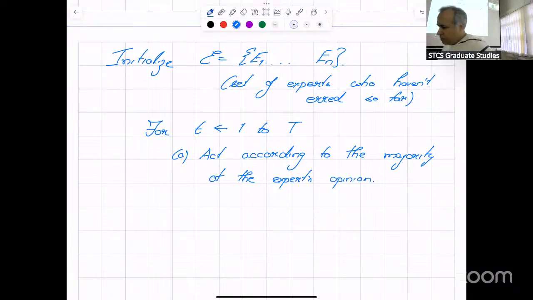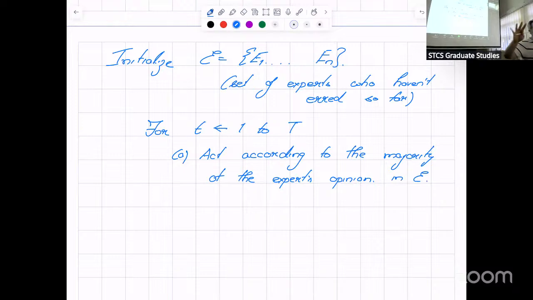The majority of the experts' opinion in E, not all the experts, just the current set E. And then of course you observe the outcome.